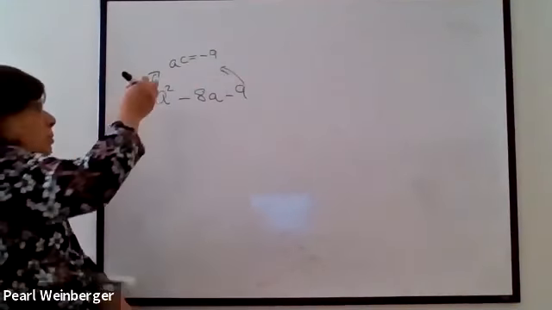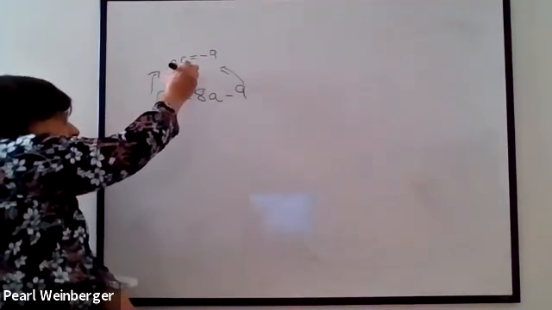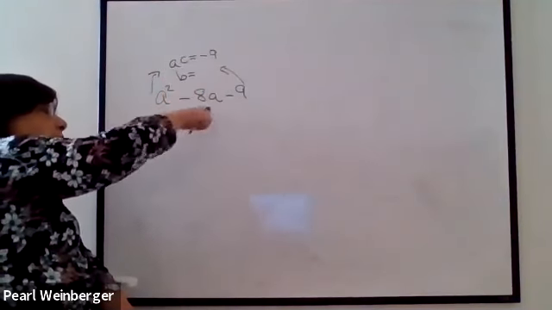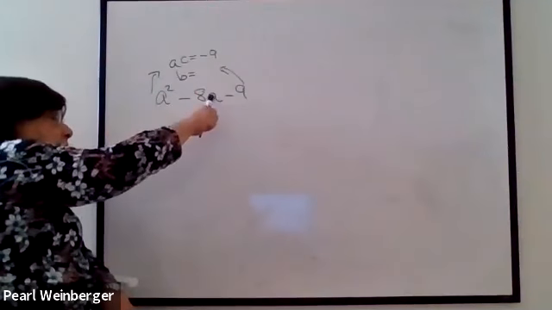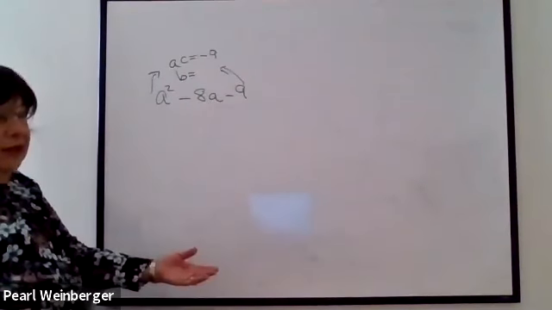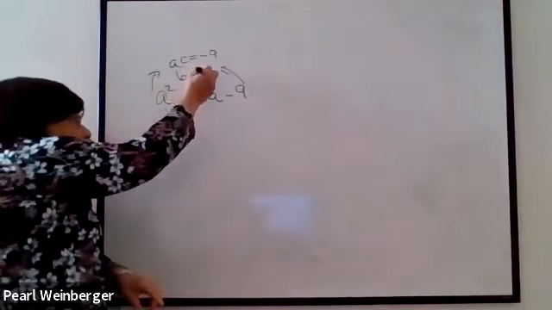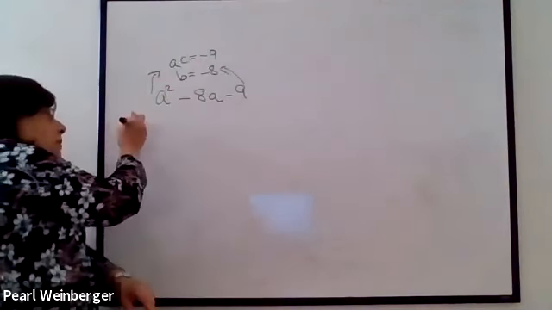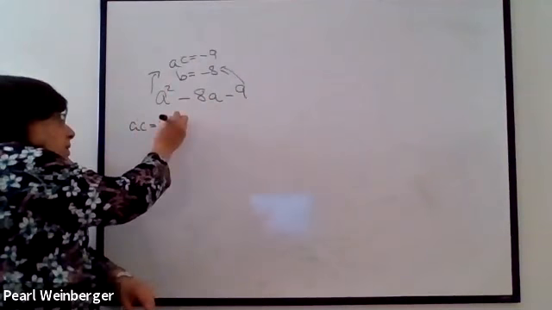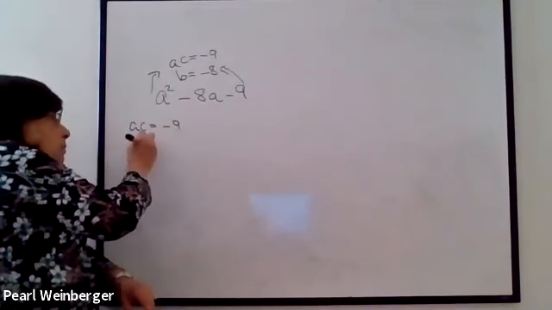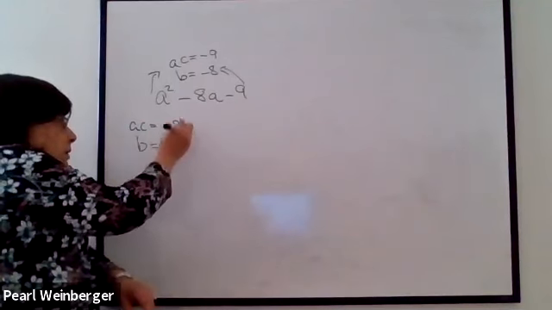We also know that B, which is the number in front of the linear term, I won't call it the number in front of the X term, but the one that doesn't have an exponent, is -8. So we have AC being -9 and B equaling -8.